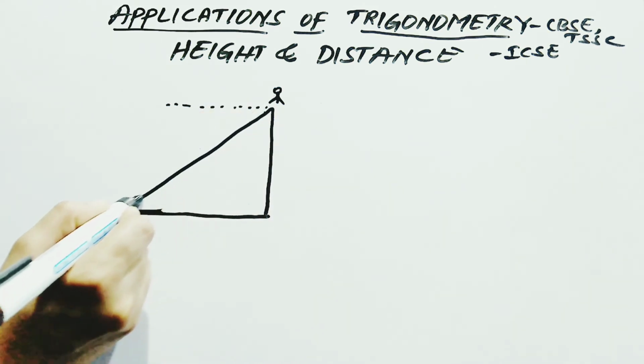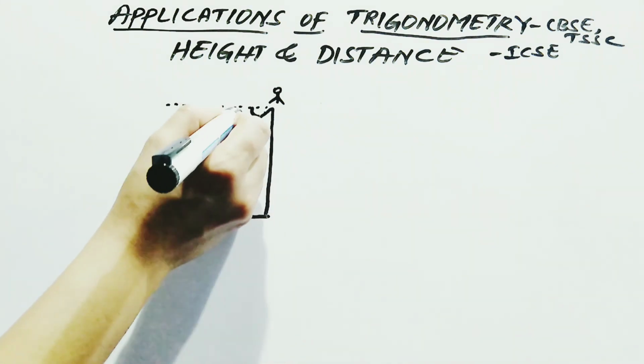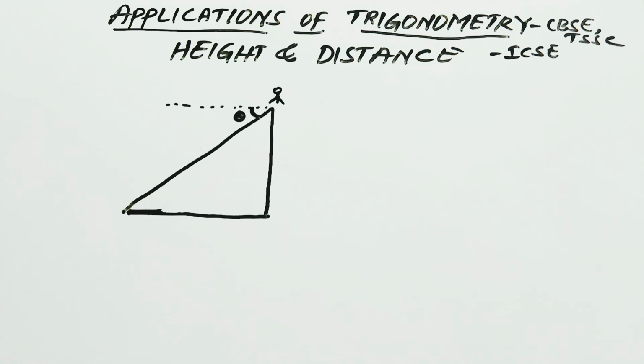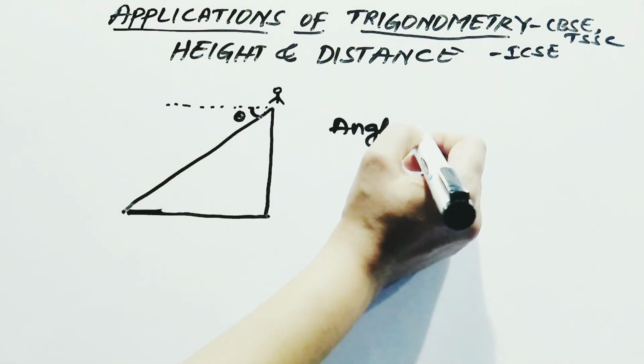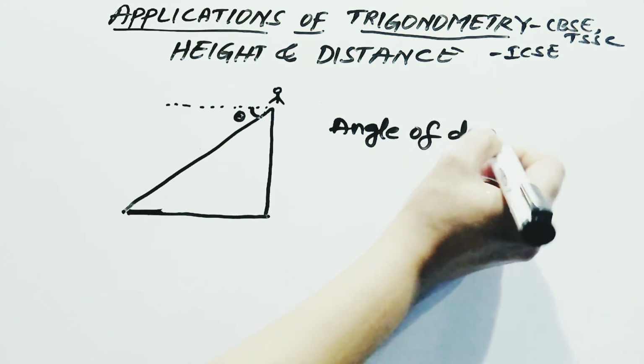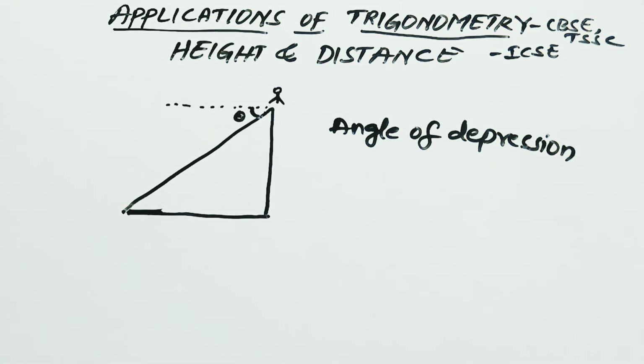One angle will be formed, and this is called theta. When a person is looking down, this type of angle is called the angle of depression. In the previous case, if a person is seeing up, it is called the angle of elevation. If a person is seeing down, it is called the angle of depression.